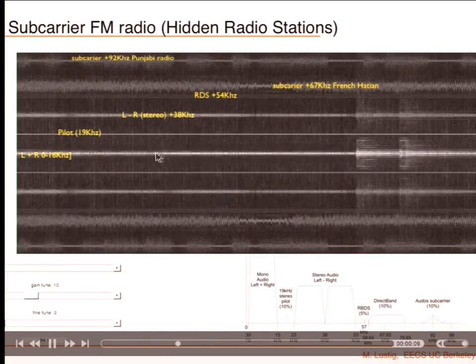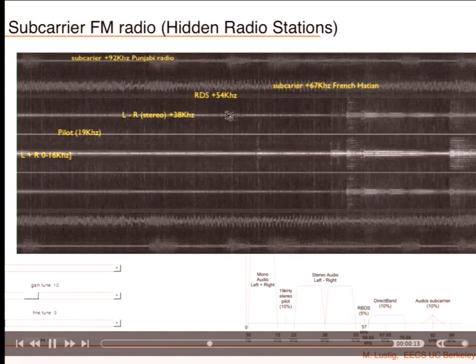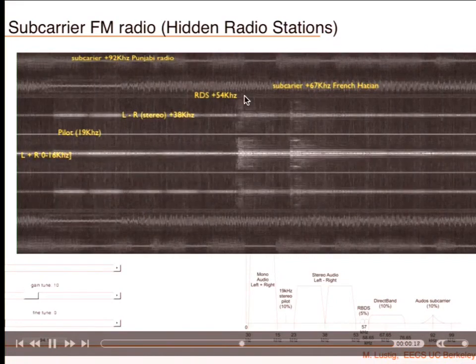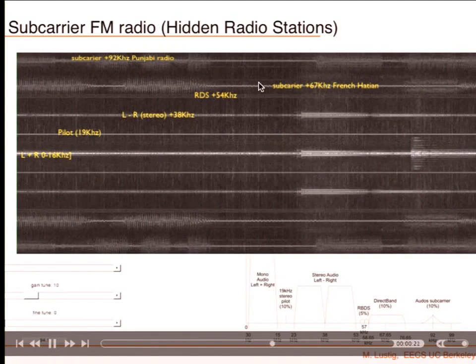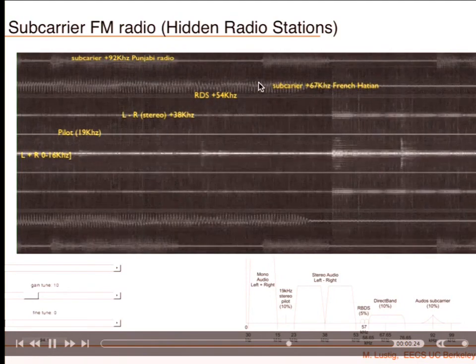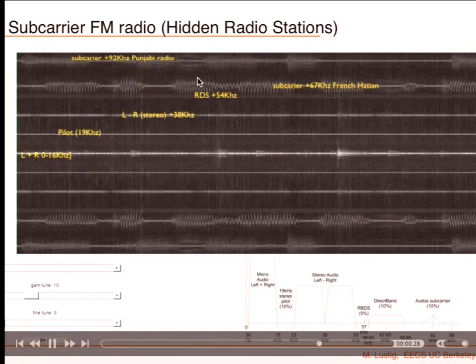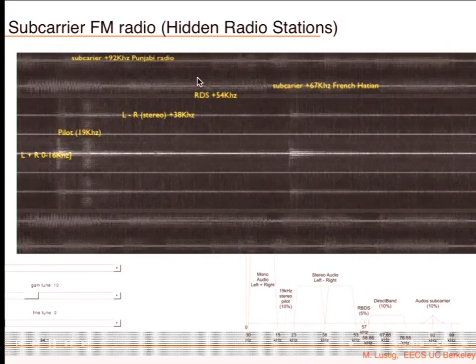This would be the left plus right channel. This is the pilot, this is the stereo channel, and this is digital information about the station. But there are two other stations on top of it that you don't hear unless you have a really good radio or the SDR. One is French Haitian and one is Punjabi radio, and one of the labs will be to decode those.